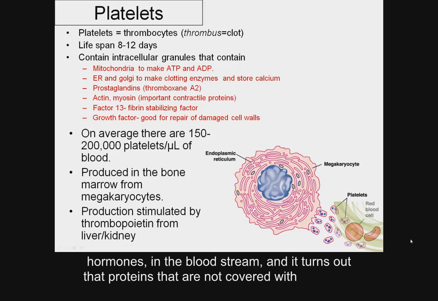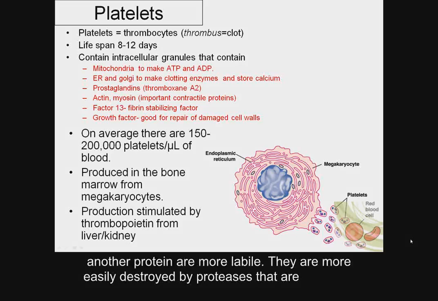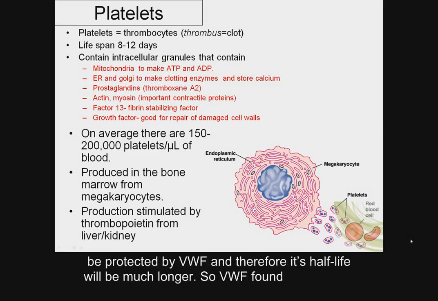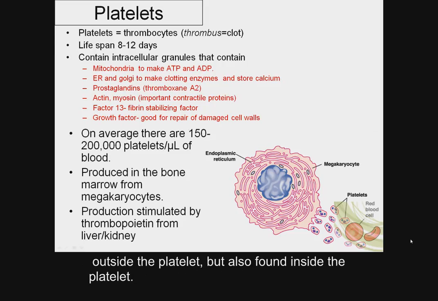Those different hormones in the bloodstream, it turns out that proteins that are not covered by another protein are more labile. They are more easily destroyed by proteases that are found in the blood. So factor VIII is particularly susceptible to proteolysis and is going to be protected by von Willebrand factor, and therefore its half-life will be much longer. So von Willebrand factor is found outside the platelet, but also found inside the platelet.